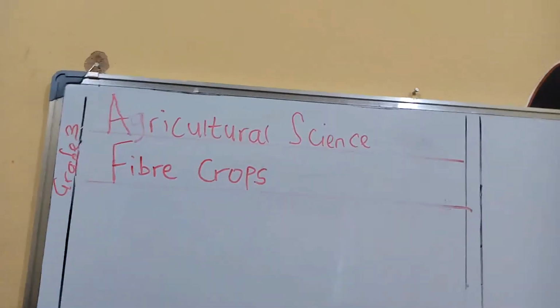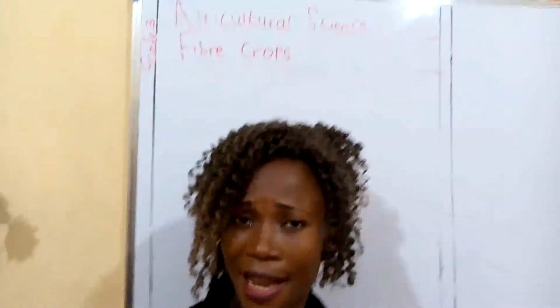Agricultural science. The last time we talked about oil crops, and we defined oil crops as crops grown for the purpose of the extraction of oil from the seed.